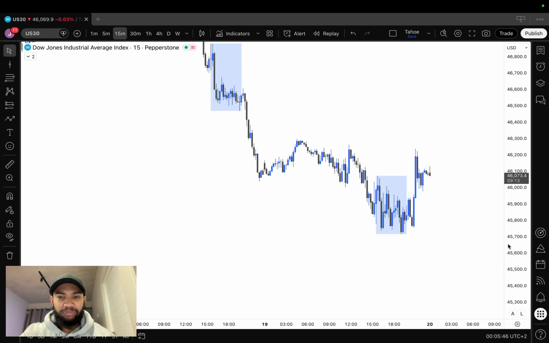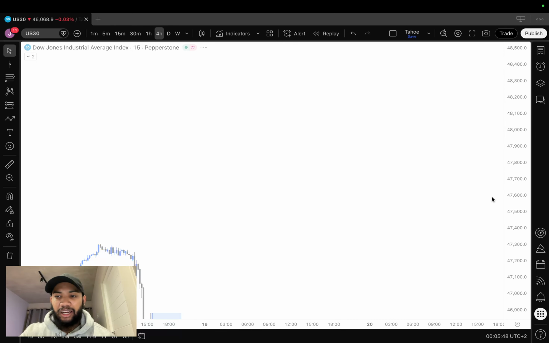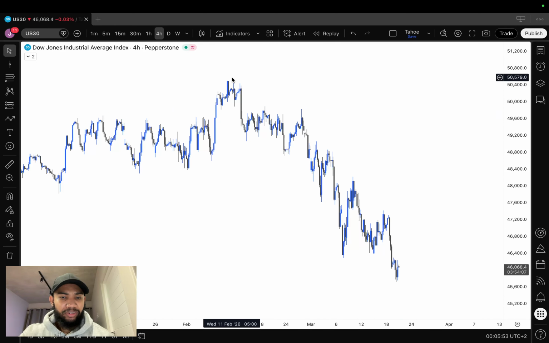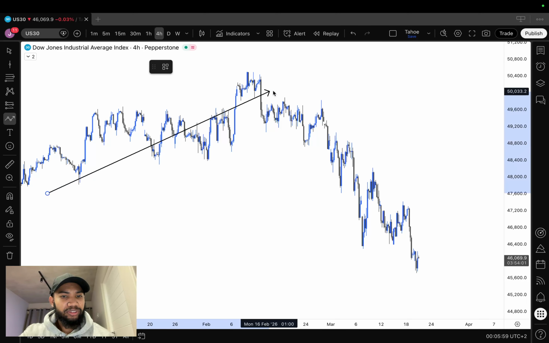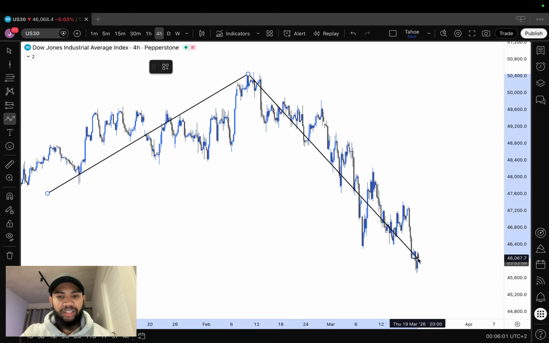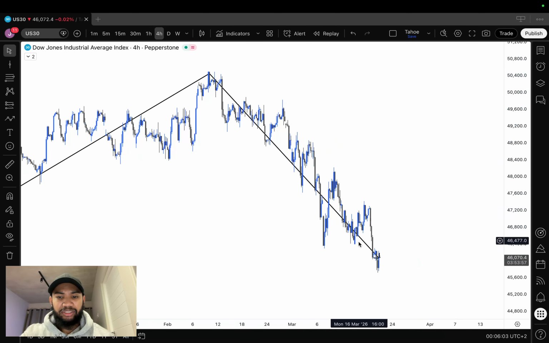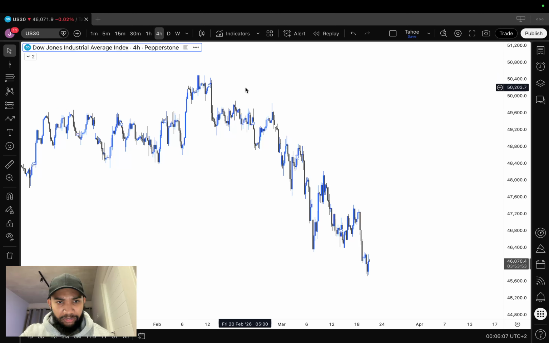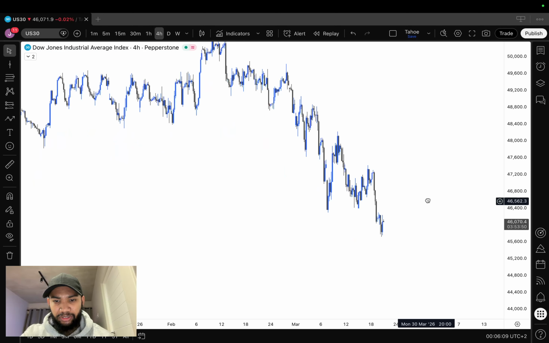So let's explain the price action today. First things first, my bias. I saw that for a very long time the US30 has had a massive impulse to the upside, and then it shifted to the downside, and it's been pushing pretty rapidly for about a month now, from this point, and now we are here.